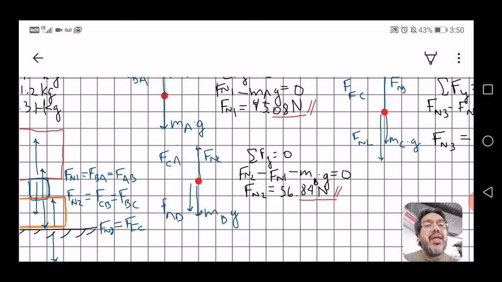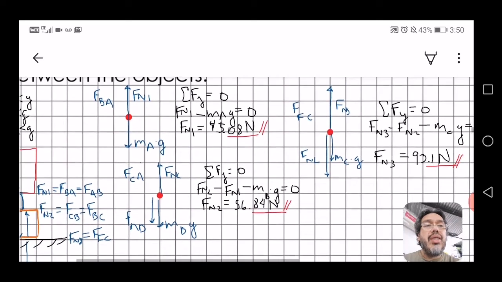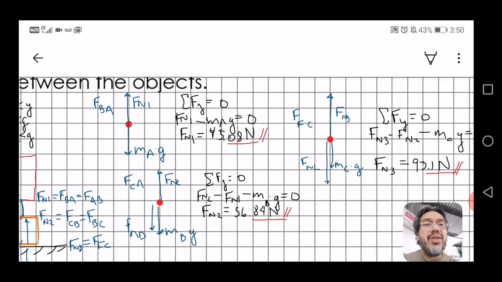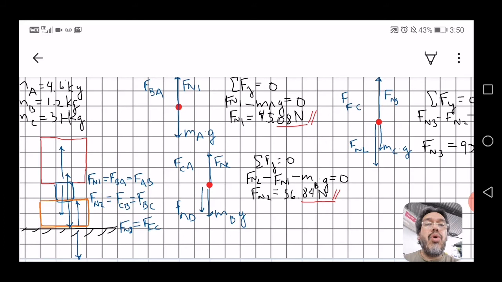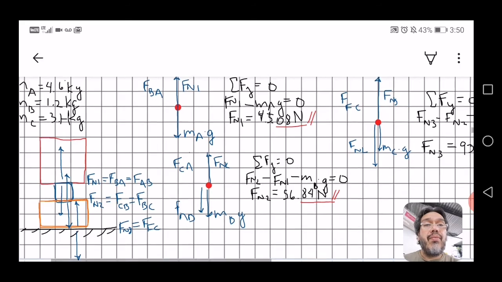And finally, normal force 3, that's even larger, and that's because this normal force has to hold up all of the three blocks, A, B, and C.